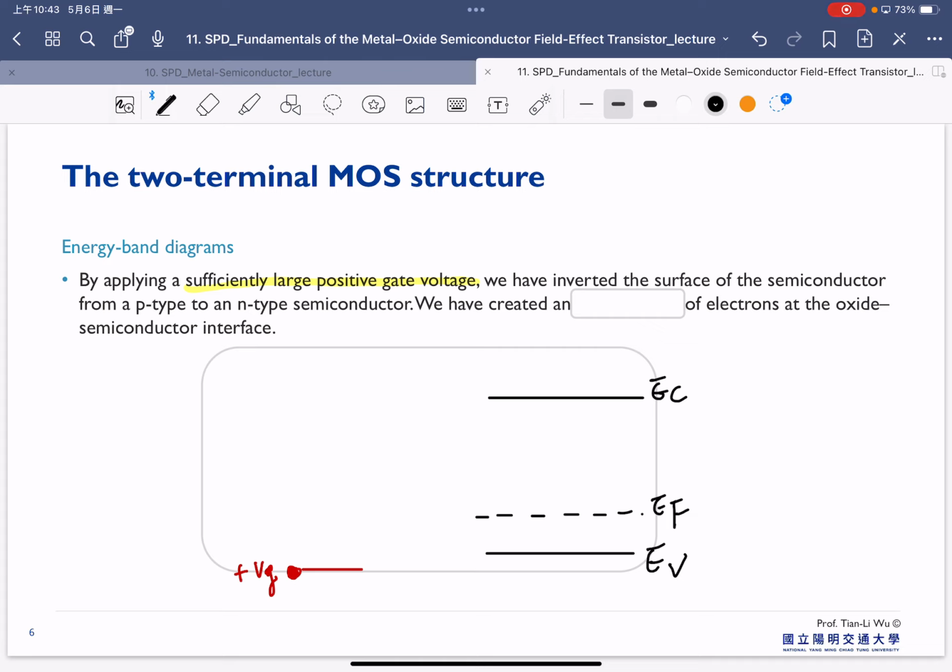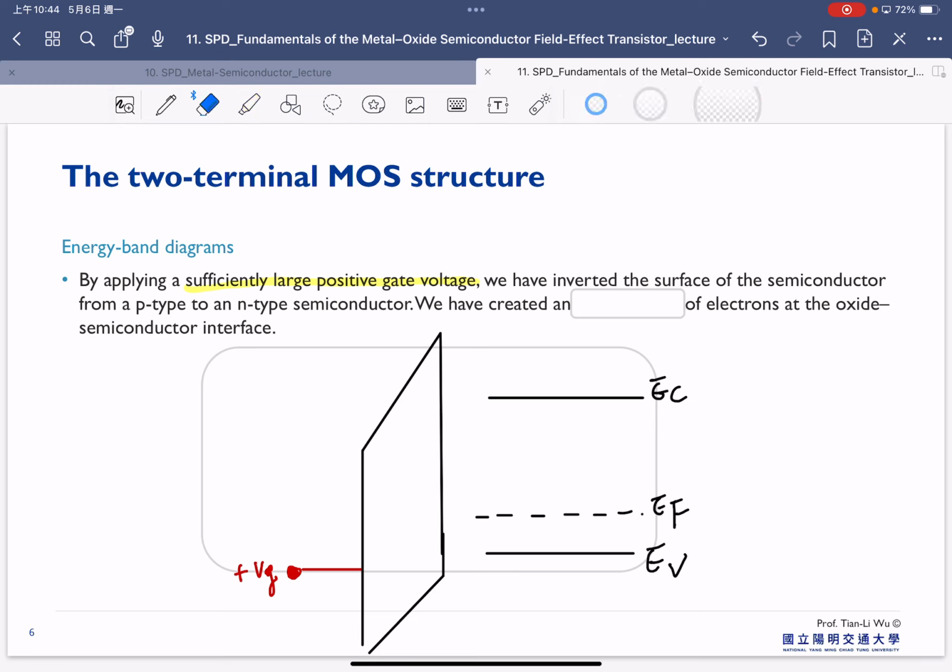Because we now apply a sufficiently large gate bias, the band bending in the dielectric is shown in here. These are the band bending of the dielectric. Since it's very large, I should plot a little bit higher.